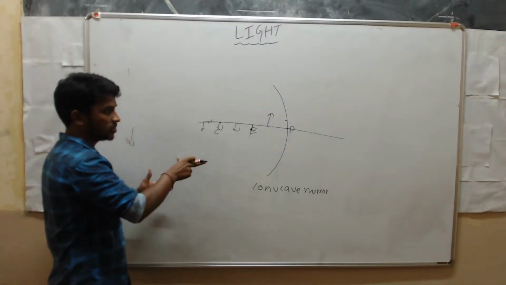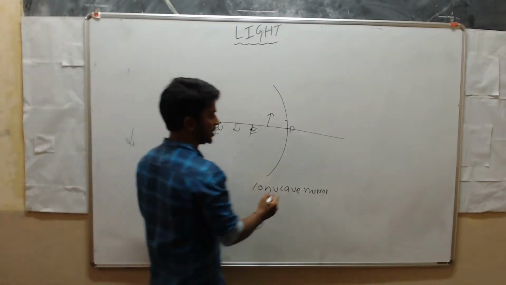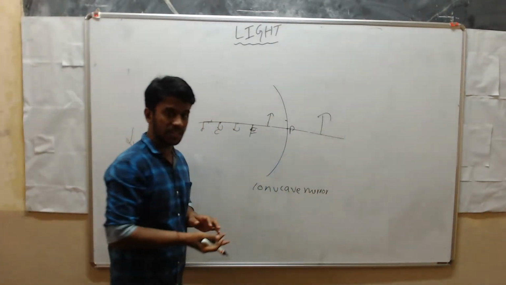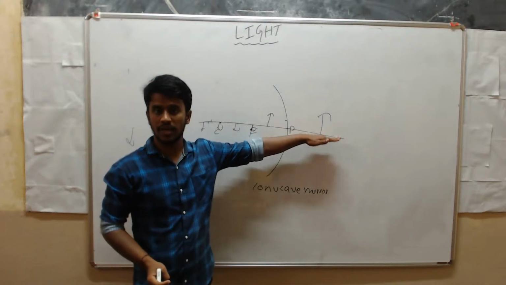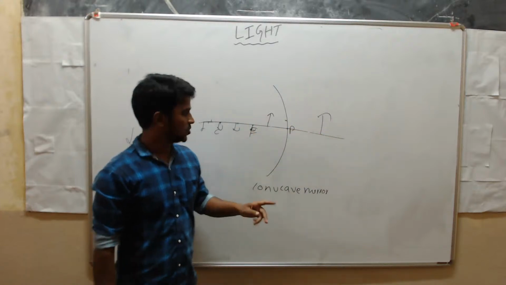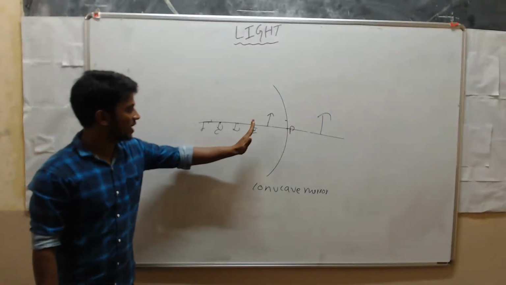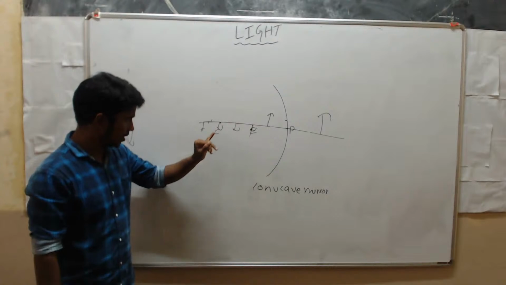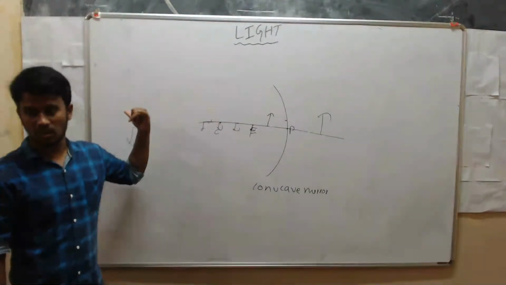In these positions only we will get the real image. We won't get a real image behind the mirror. If we get the image there, then we call that image virtual and erect.